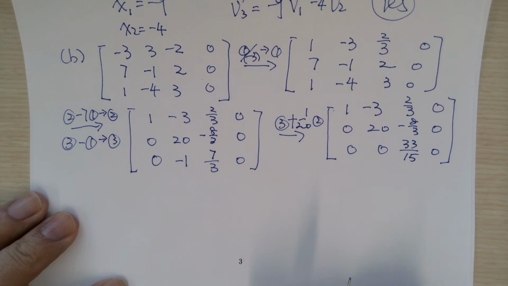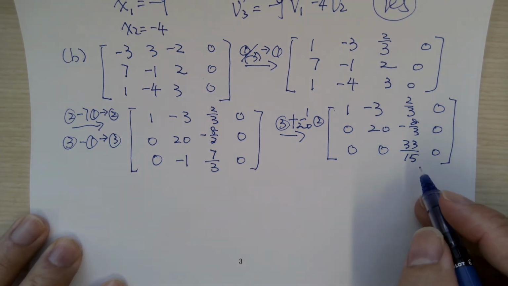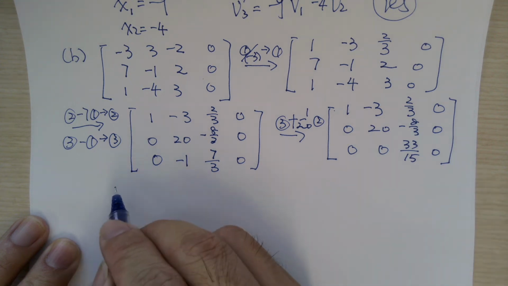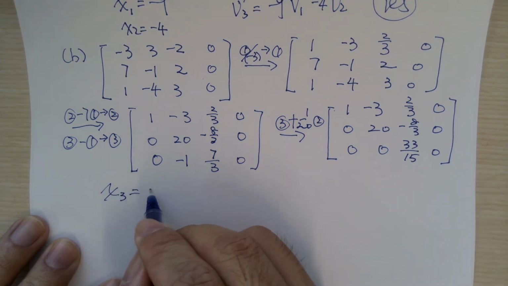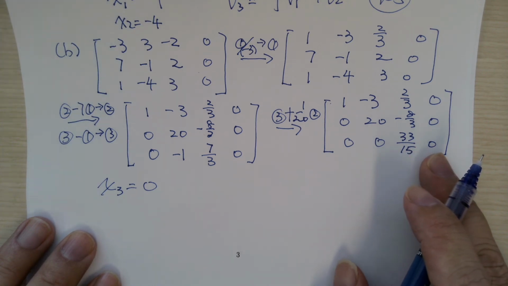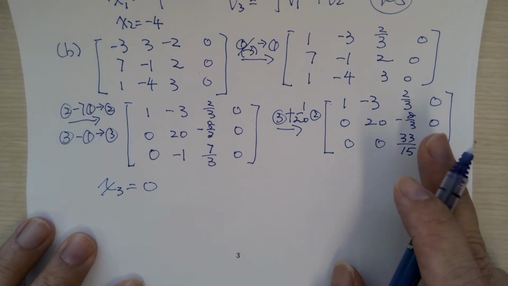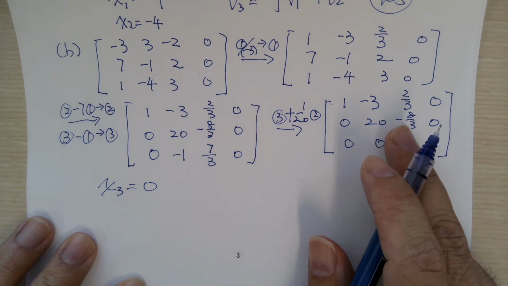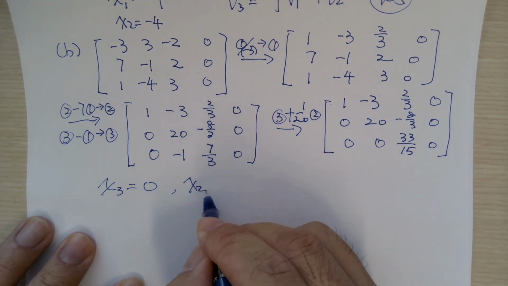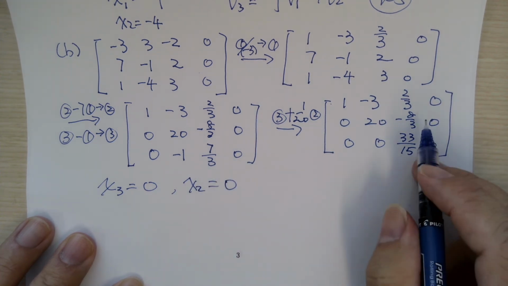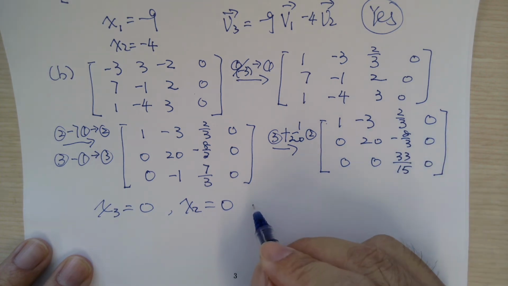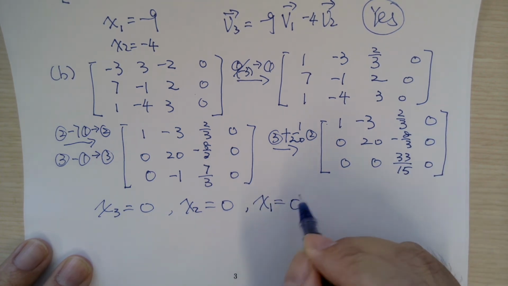Up to here, I think we should be good to go. Why? Because from row 3, you derive that x3 is going to become 0, because this one times x3 is 0. And then 20 plus this part 0 gives us 0. You can derive that x2 also equals 0. And then with x2 and x3 both 0, don't you agree that you also get x1 equals 0?